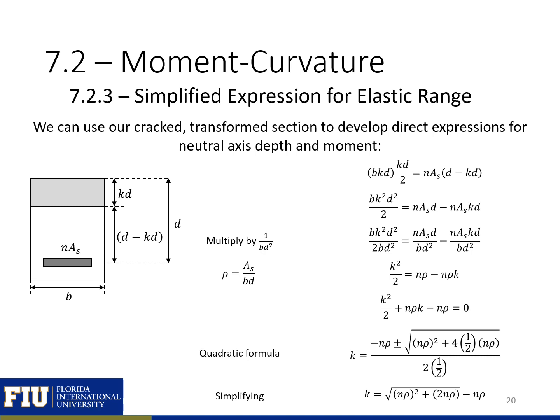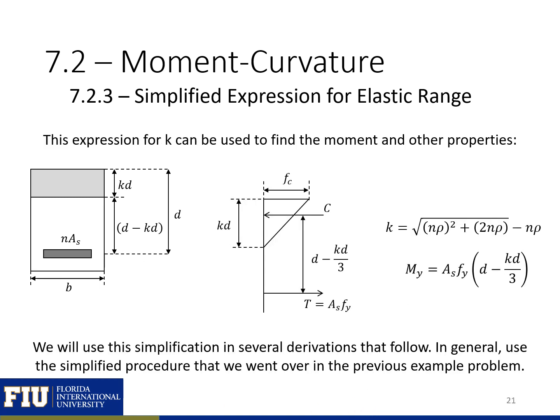Essentially, through equilibrium, we're determining a factor K with respect to a modular ratio and a reinforcement ratio. So if we have our modular ratio and a reinforcement ratio, then we can determine our K here. We can then use this K factor to determine the moment.